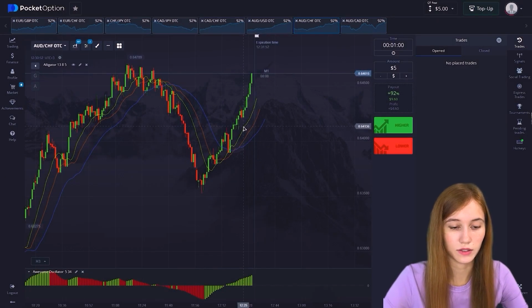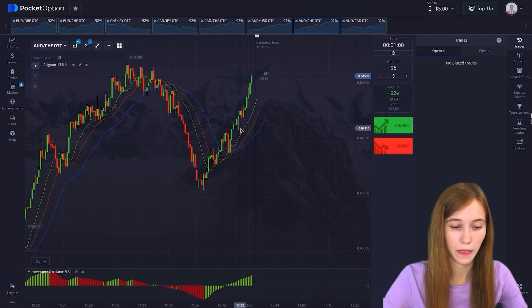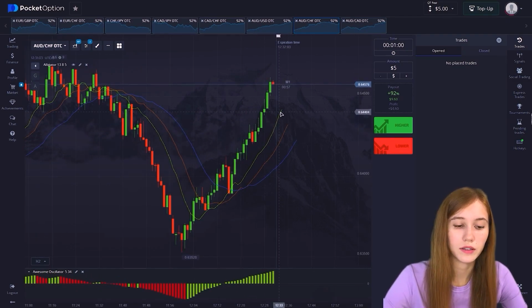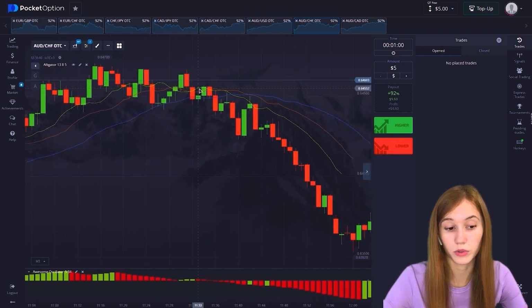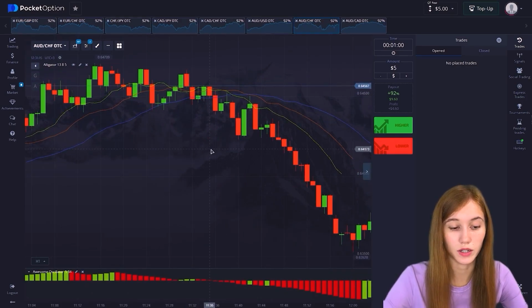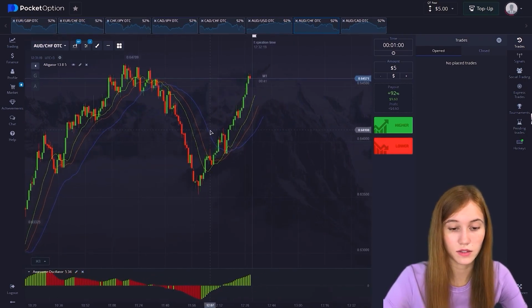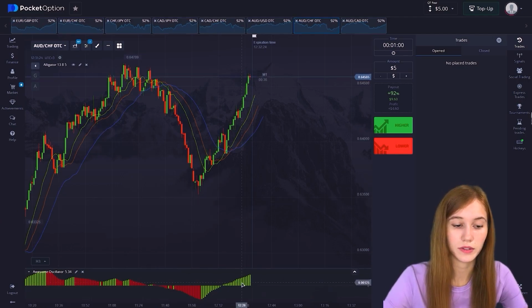The Alligator reflects the state of the market at each moment in time. It shows when the market is flat, when the market is in momentum, and when the impulse begins and ends. The green moving average dominates in an upward trend, the blue in a descending one. The red is the average between the two moving averages, and when one of the lines is crossed, this is a signal of a trend change. It's very important.